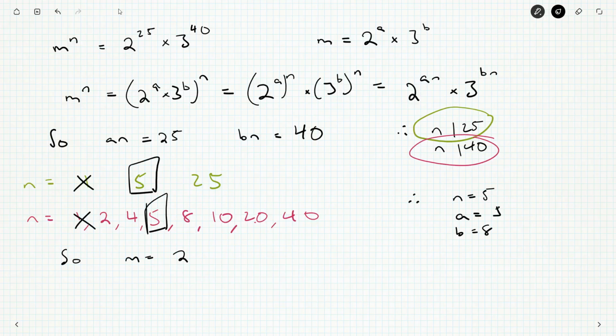So m is 2 to the 5 times 3 to the 8, which is 32 times 6,561. I could multiply that out by hand, but we'll spare ourselves some grief and do this quickly. 32 times 6,561 is 209,952.